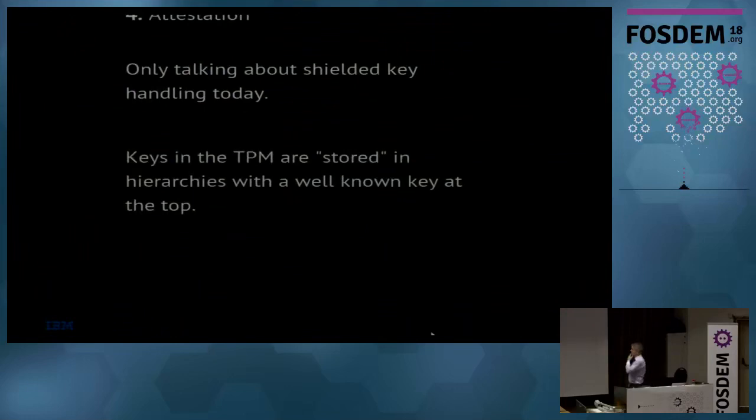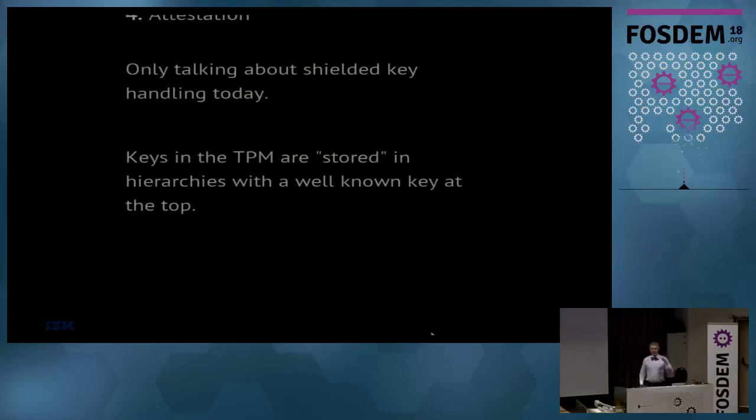most interesting to me. So with shielded key handling, keys in the TPM are stored in hierarchies with a well-known key at the top. And I use stored in inverted commas because everybody thinks of the TPM as a place to put keys, but it's not actually true. When a TPM manages your keys, the keys are actually stored in your file system outside the TPM. I'll get onto that in a bit.